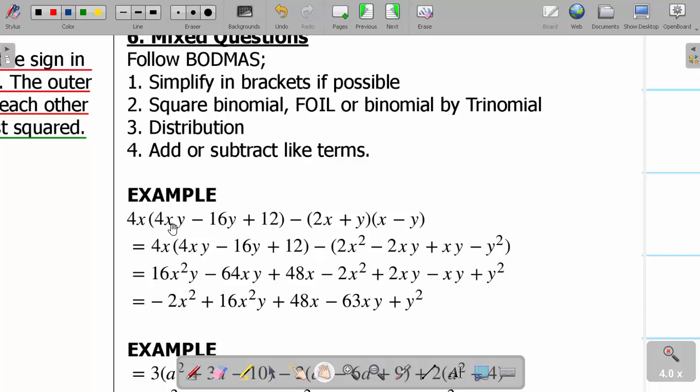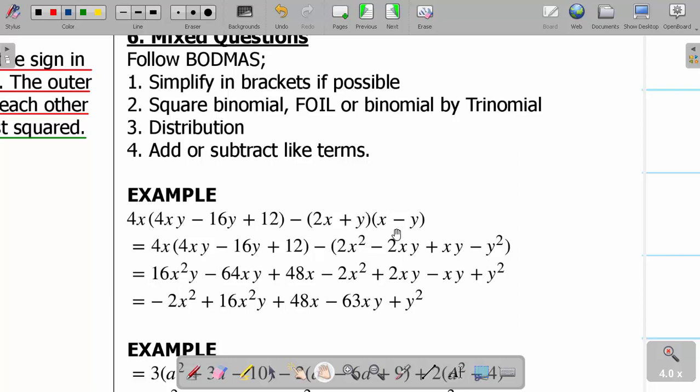So I'm going to open brackets in here. I'm going to say 4x times 4xy giving me 16x squared y. With BODMAS, brackets first, I'll do the brackets first here, multiplying these two binomials using FOIL. That's 2x times x gives us 2x squared, and then 2x times minus y gives minus 2xy.